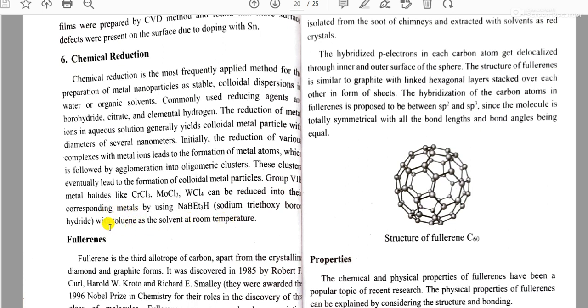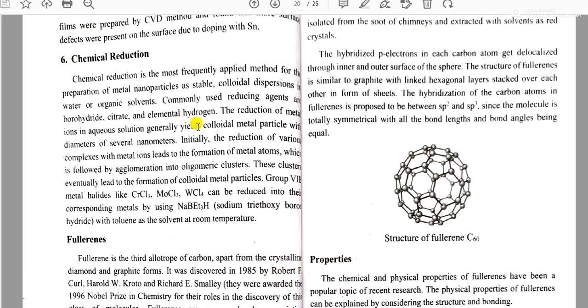So this type of synthesis might not be so environmentally friendly because we are using organic solvents like this. So this is one of the drawbacks of this chemical reduction technique. So for the chemical reduction technique, we are using a reducing agent like a borohydride, citrate or elemental hydrogen.